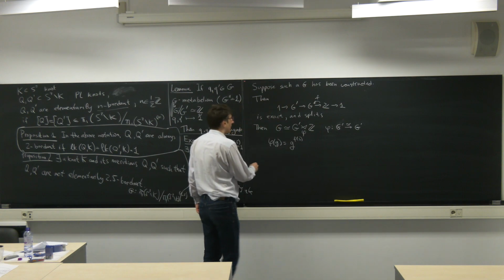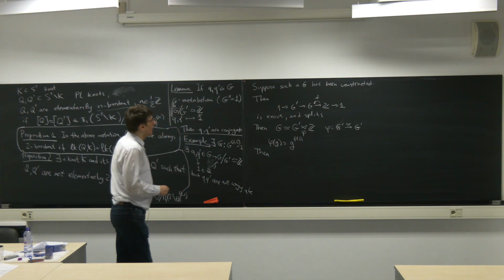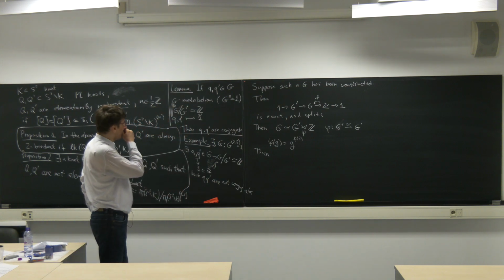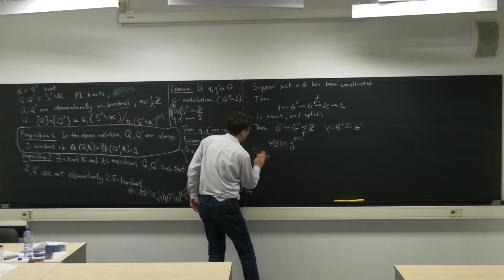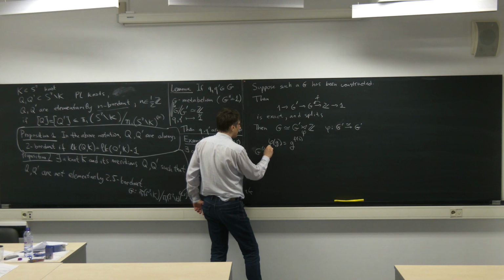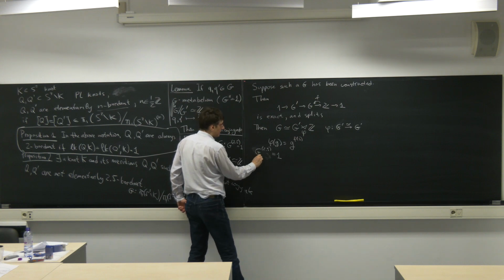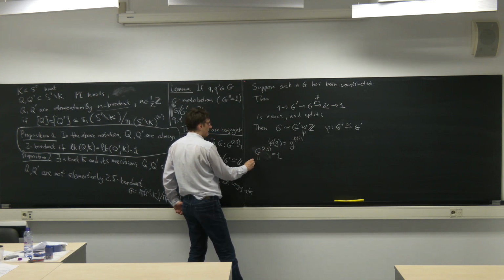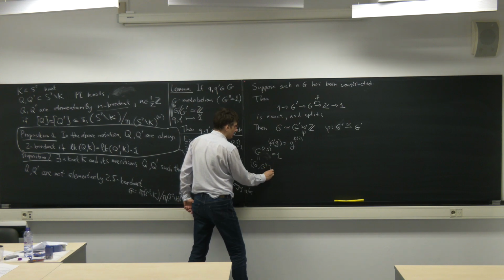So also then, to say that G is 2.5 solvable. So what is G 2.5? It is the commutator subgroup of G prime and G double prime.